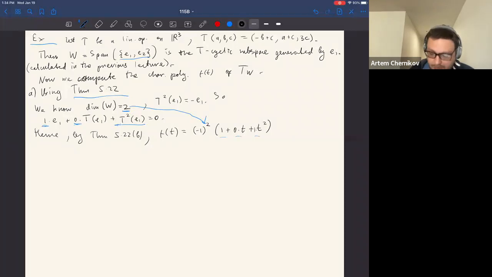And of course 0 times t is just 0, so we get t squared plus 1. So this is the characteristic polynomial of T_W.